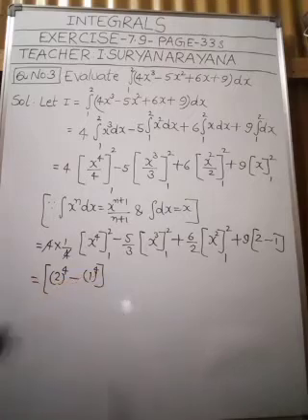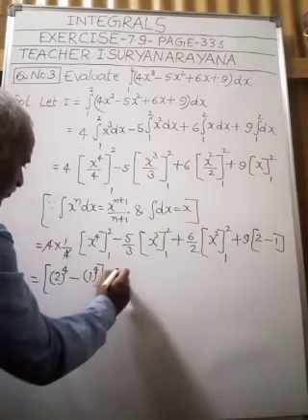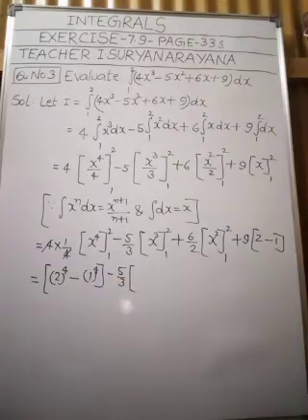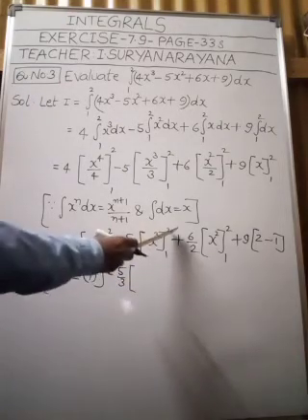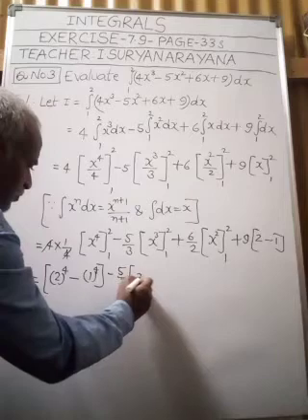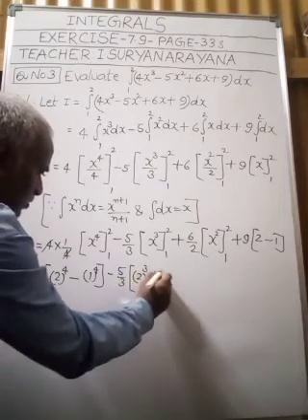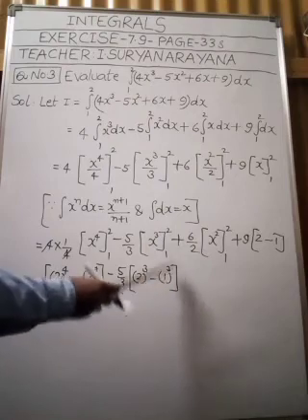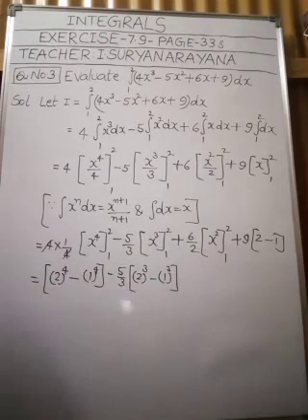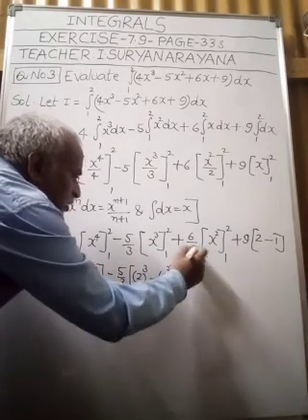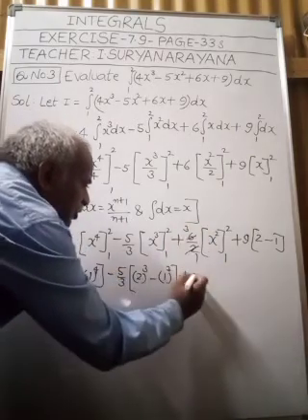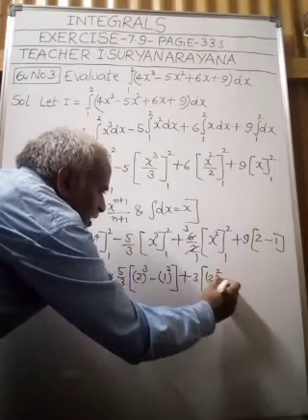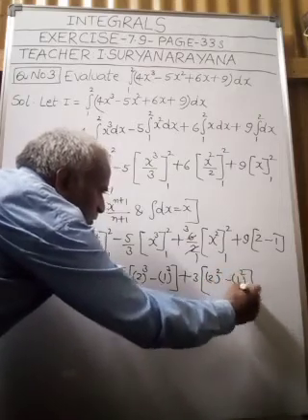2 power 4 minus 1 power 4. Minus 5 by 3. In this function, substitute first upper limit, that is 2 cube minus 1 cube. Understood this? 2 cube minus 1 cube. Plus, here 3, 3 times 2 square minus 1 square.